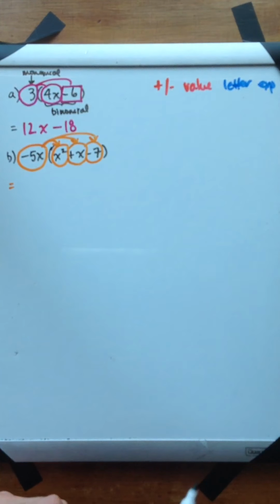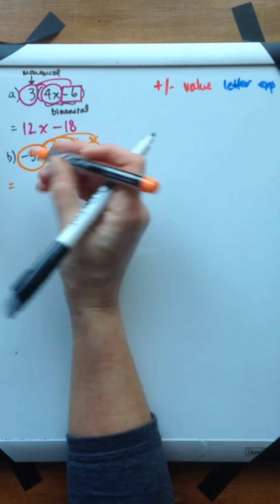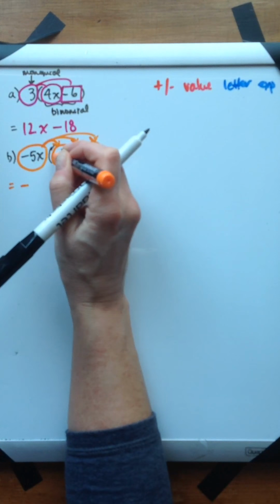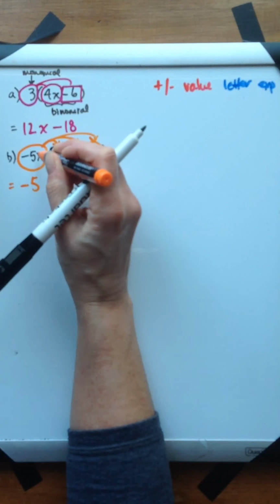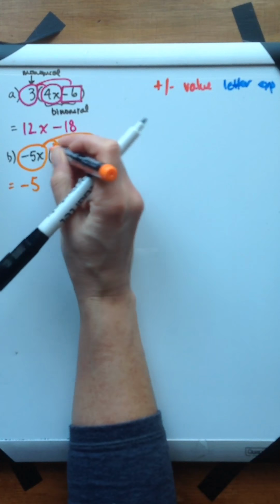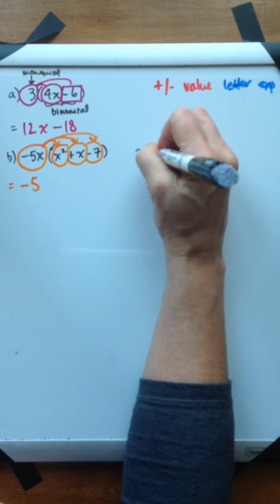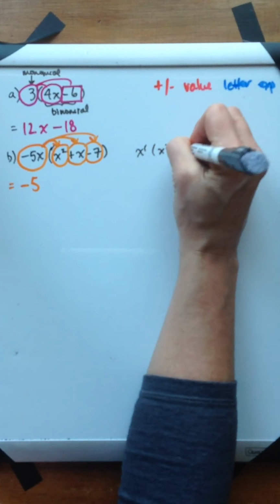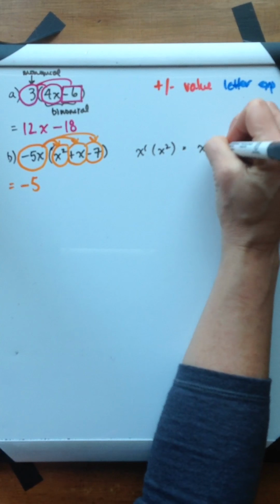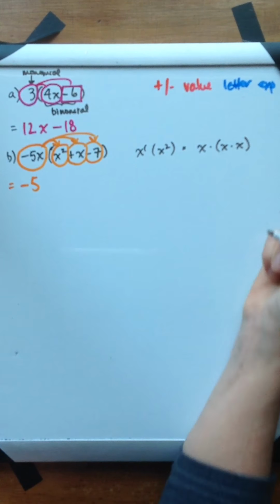So, in the first case, I have negative times positive, which is negative, 5 times 1, which is 5, and then x times x, or x to the first times x squared. So x to the first times x squared means x times x times x.